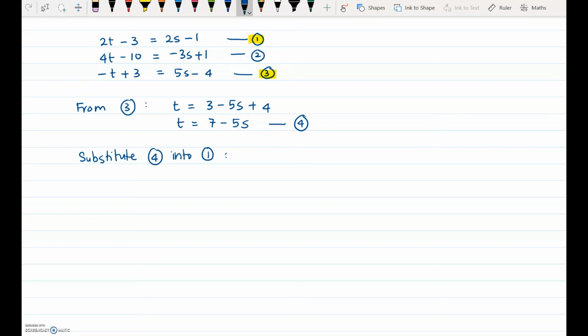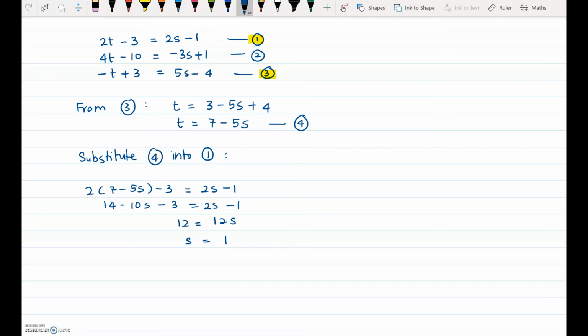Substitute 4 into 1, then you will get 2 times 7 minus 5s, minus 3 equals to 2s minus 1. Alright, then we will have 14 minus 10s minus 3 equals to 2s minus 1, and simplify, you will have here 12s equals to 14 minus 3 is 11, plus 1, you will get 12, and lastly you will get your s equals to 1.